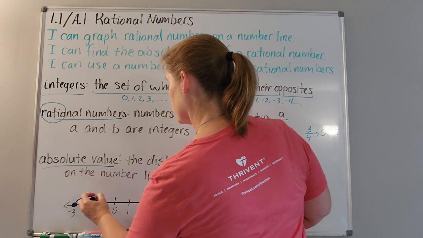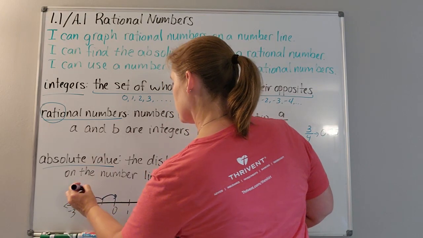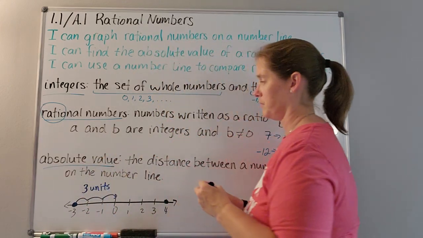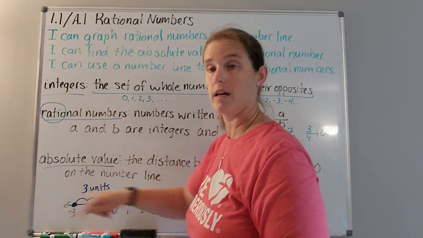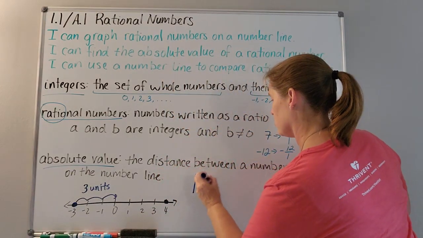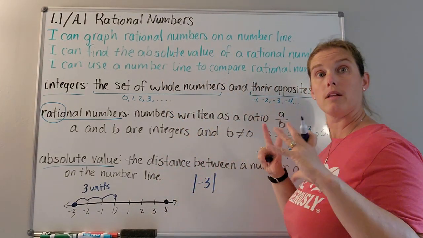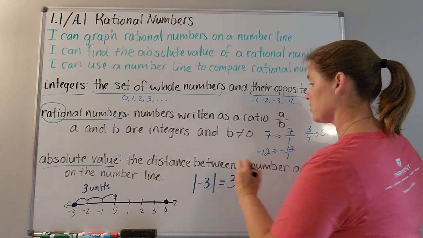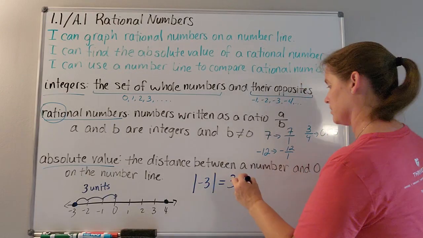We're going to go 1, 2, 3. So it's 3 units from 0. So the absolute value of -3, and I write that this way with two straight lines like that. Make sure they're bigger than the numbers so they don't look like ones. The absolute value of -3 is 3 because it's 3 units from 0.